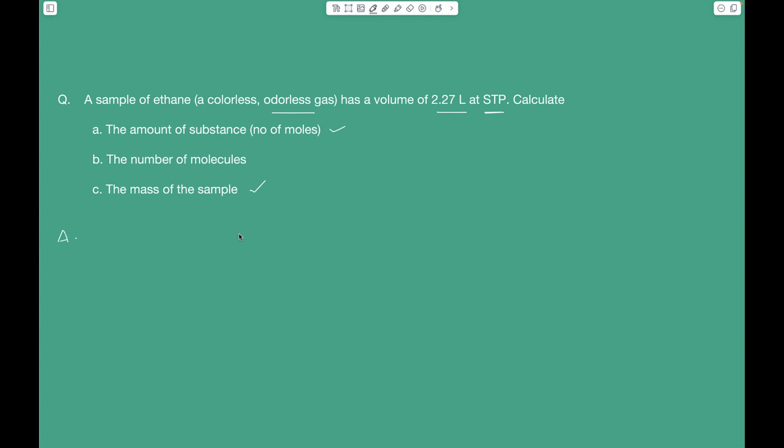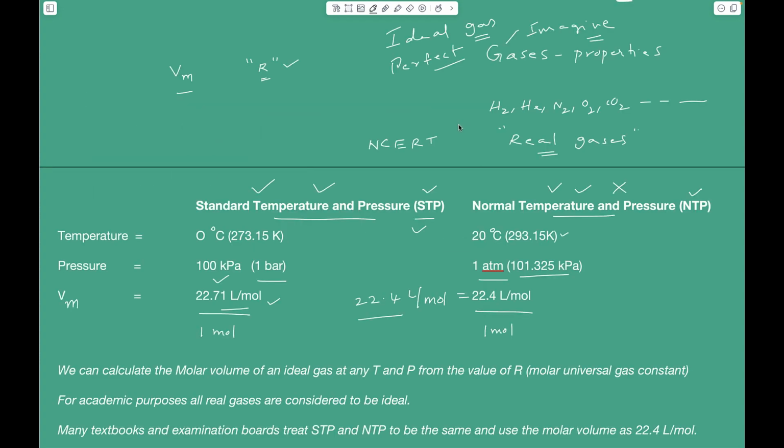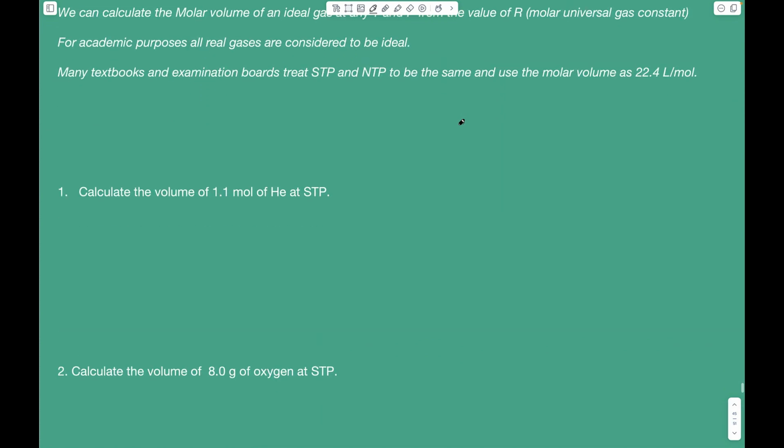Now, we know one fact, that is the molar volume of an ideal gas at STP is 22.7 liter per mole. That means 1 mole of an ideal gas at STP has 22.7 liters volume.